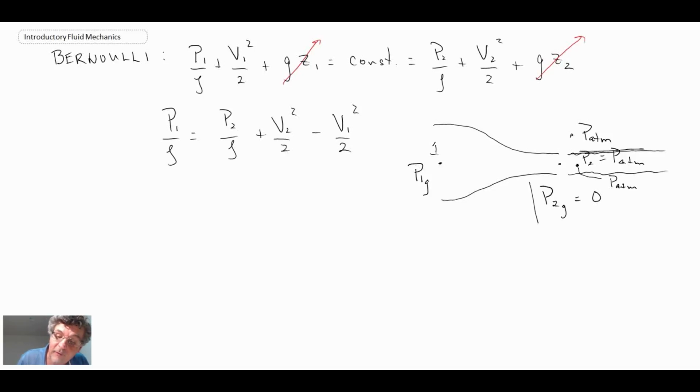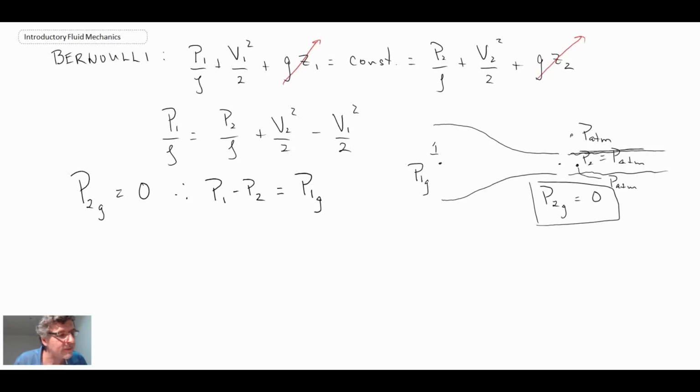But anyways, what we're going to pull into the problem is that P2 gauge is equal to 0. And consequently, if we look at P1 minus P2, the difference between P1 and P2 is then going to be P1 gauge.